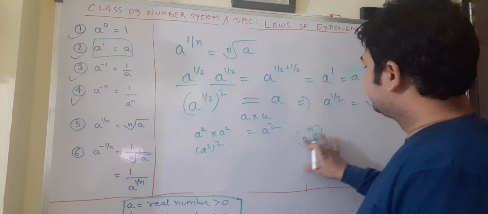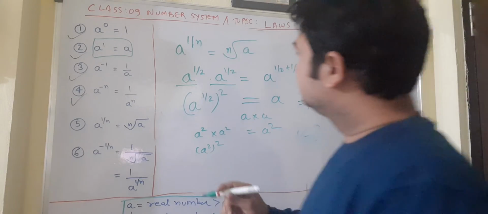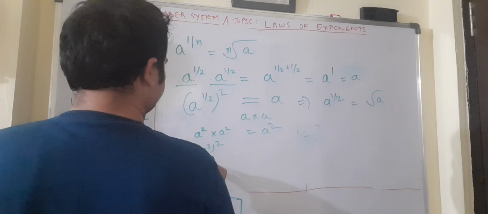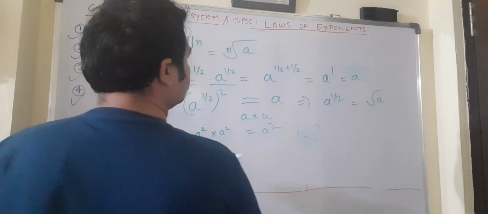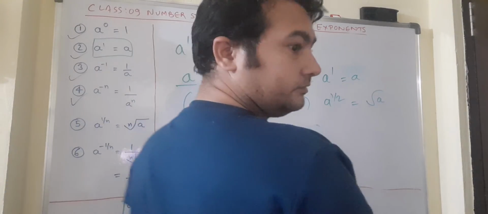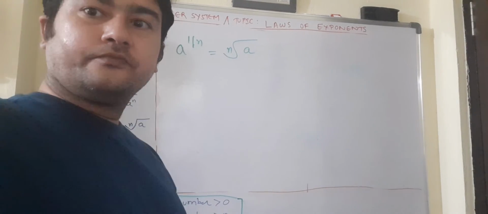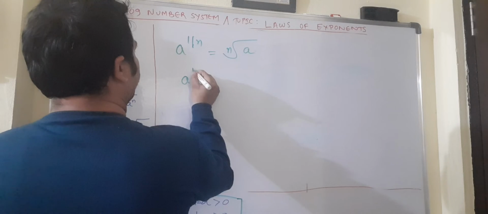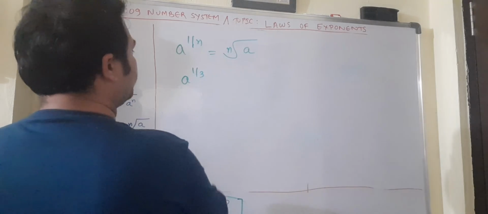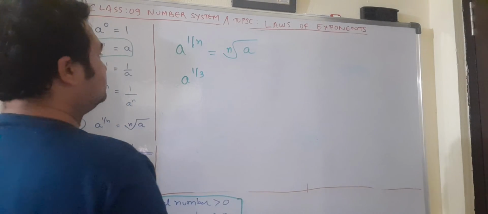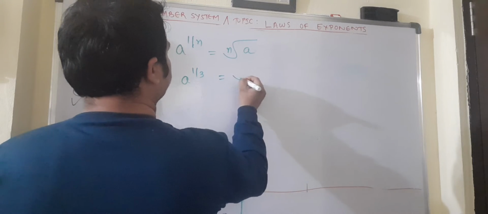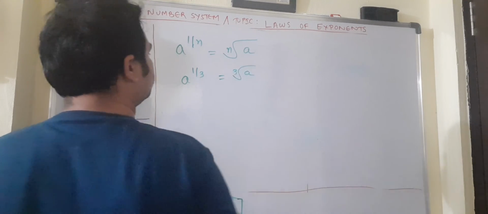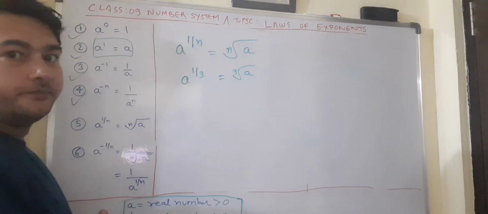Okay, let's take another example. First let us erase this. So if we have a raised to the power 1 by 3, this should be cube root of a, is it?